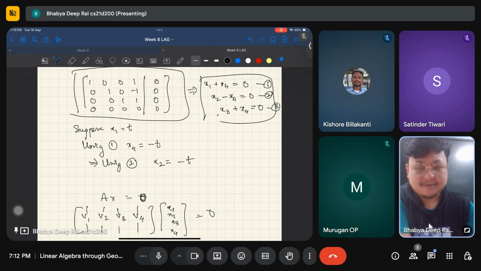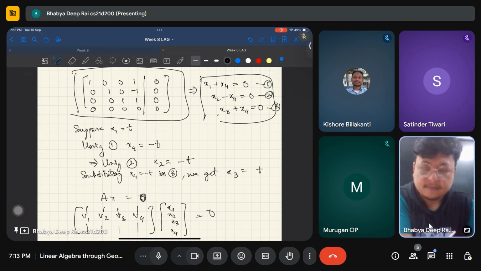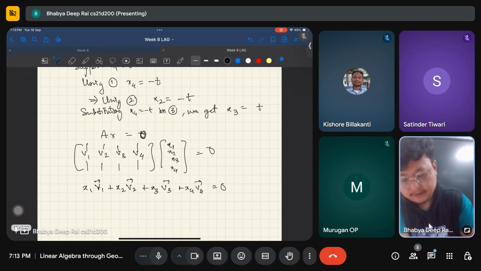And now substituting x4 equals minus t in 3, what do we get? We get x3 equals minus x4, which is t. So what does that mean?